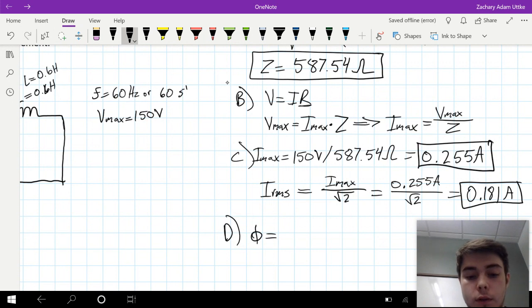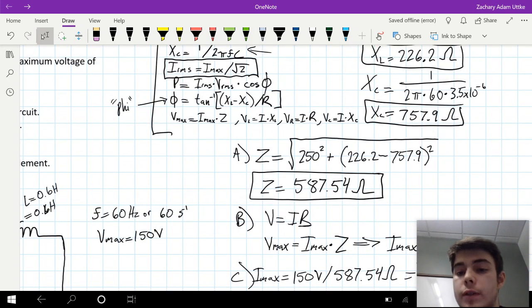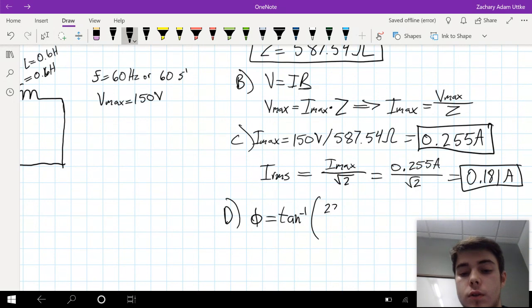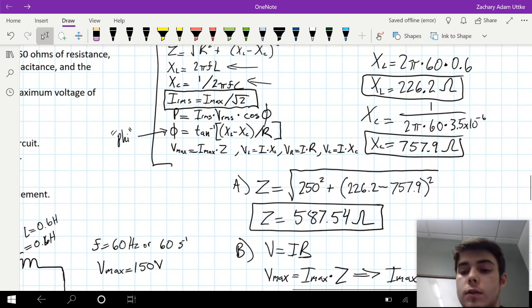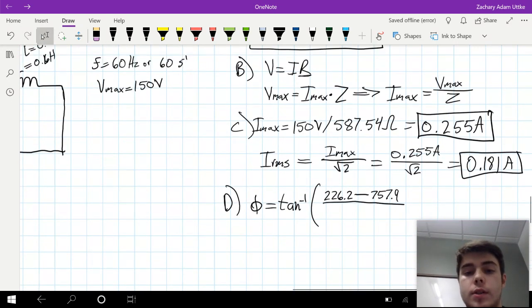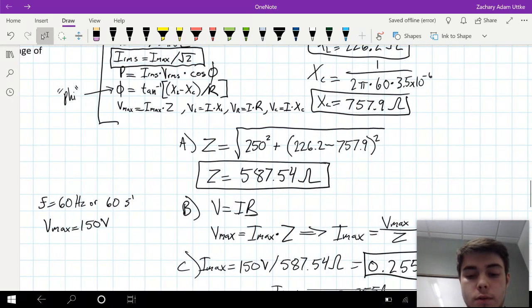So phi equals the tan inverse of XL, which was 226.2, minus XC, which was 757.9, divided by the resistance. So the resistance we had is 250 ohms.